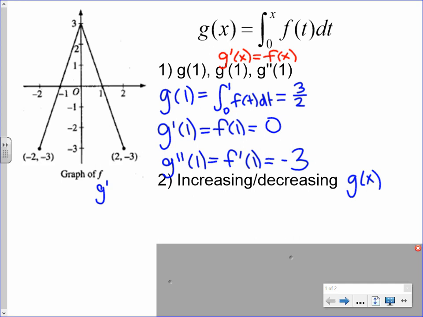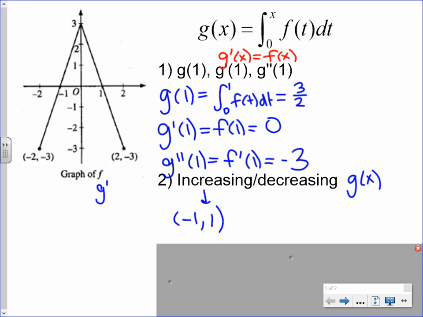Okay. Trevor, where is g increasing? Okay. Let me remind you of something, Trevor. We are increasing from -1 to 1 because that is where our derivative has positive values.